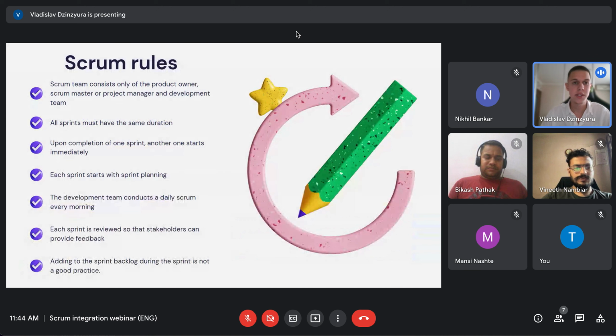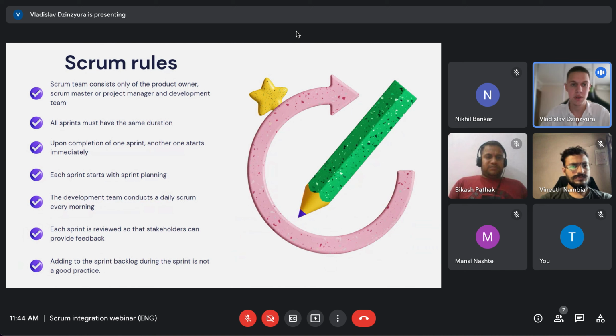So here you can see the main Scrum rules, and they also can be called ground rules. And sometimes, in some situations, it's important to operate these rules. So Scrum team consists only of the product owner, Scrum master, or project manager, and the development team.